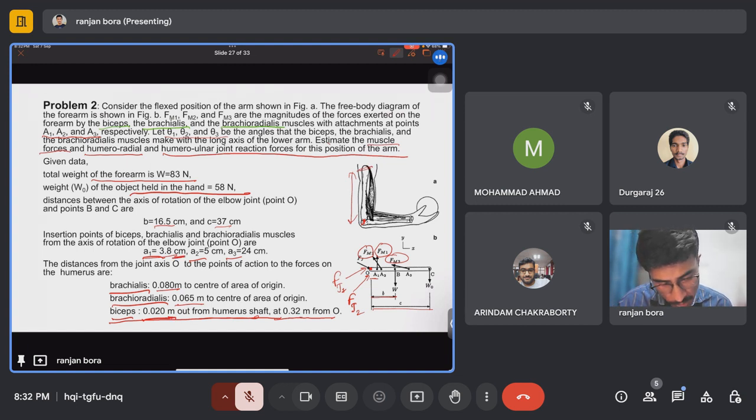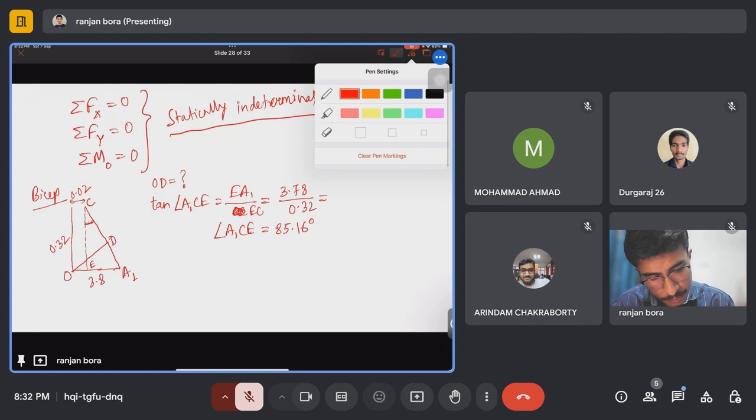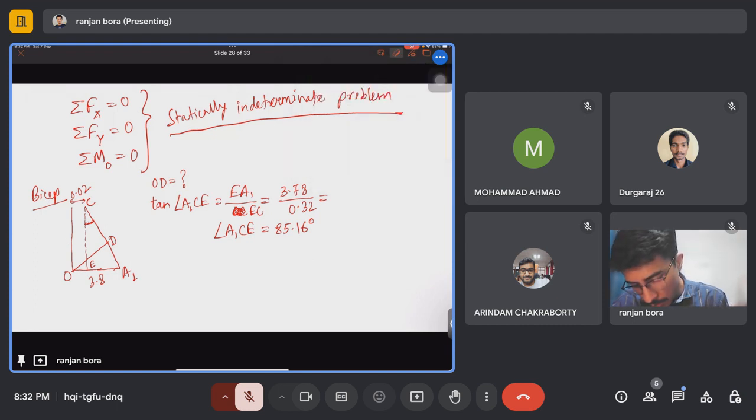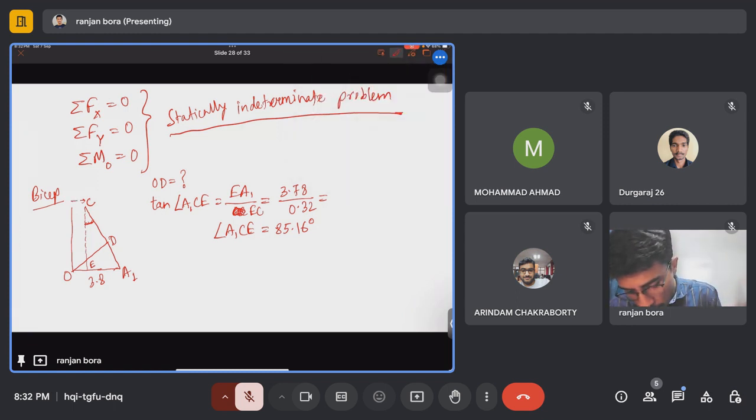So first I need to convert this into centimeters. This will be 32 centimeters and this will be 2 centimeters.